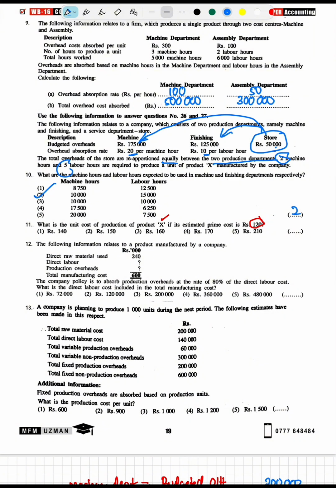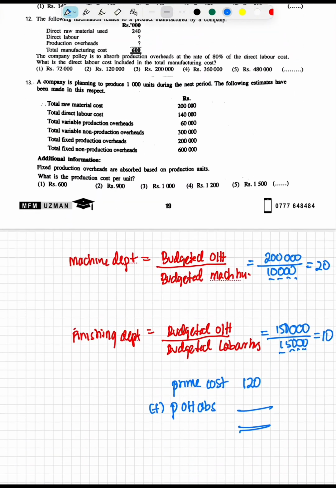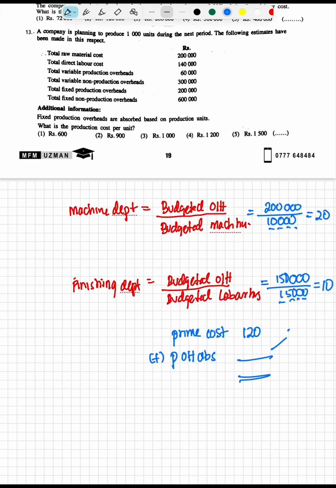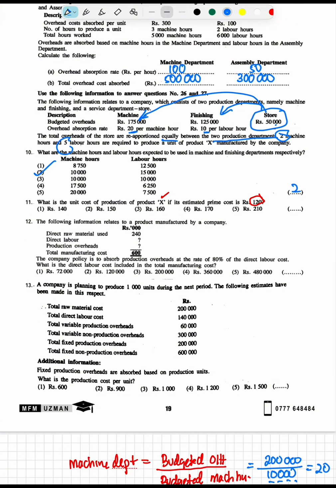So 20 into 2 and 10 into 5, which will give me 40. This would be 40 and this would be 50, which is 90, means 210 would be the answer here, which is the fifth option. Okay, next one, question number 12.